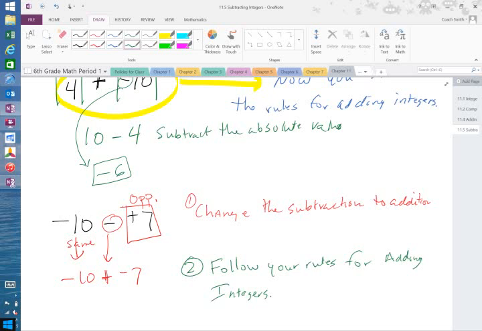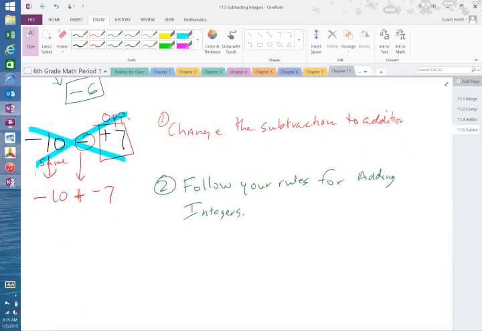So, we're following the rules for adding integers. Then, what do I do here? Remember, this problem no longer exists. You sort of do.